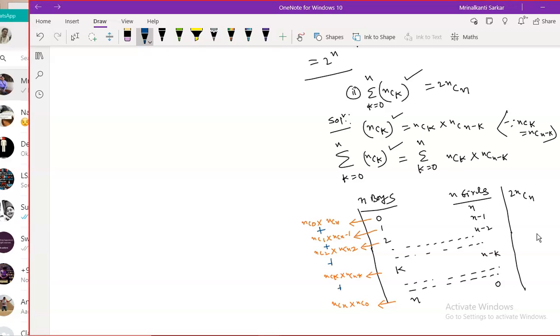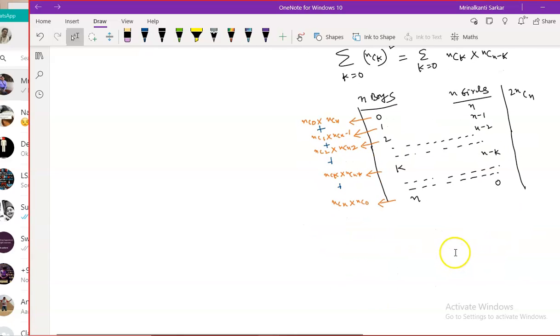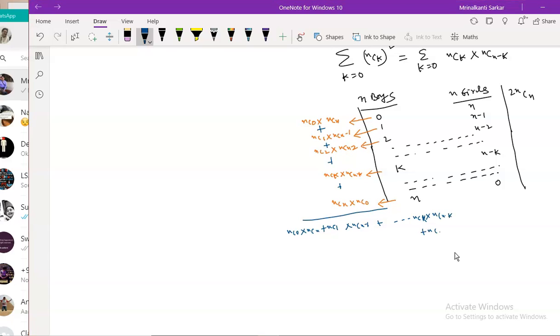If you add all these, what do you get? nC0 times nCn plus nC1 times nC(n minus 1) plus ... plus nCk times nC(n minus k) plus ... plus nCn times nC0. This is nothing but sigma k equal to 0 to n of nCk.